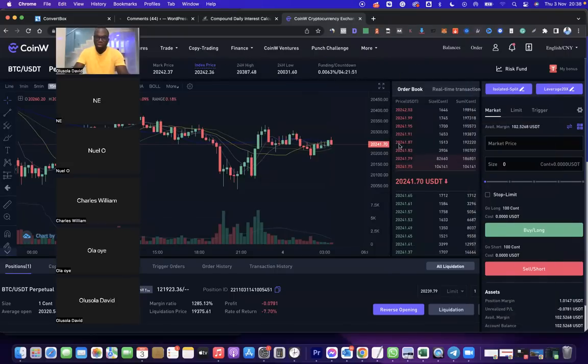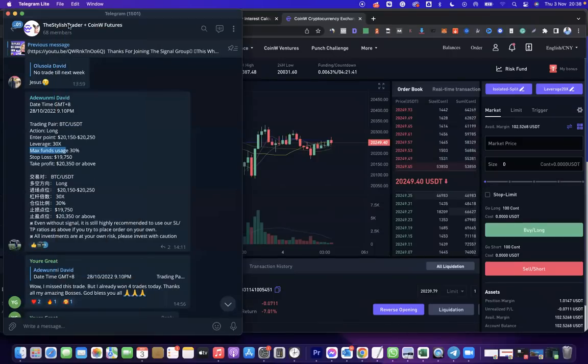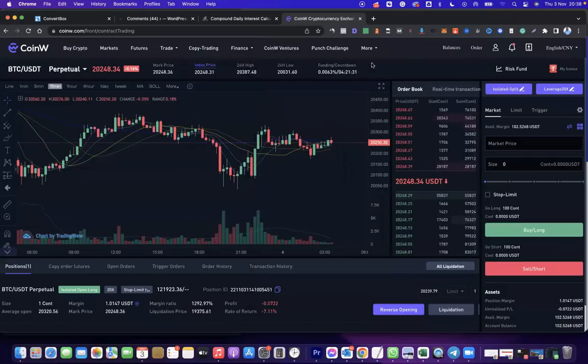Now this is the futures interface. Let's assume we want to trade this signal, so let me go back to Telegram. Let's assume we want to trade this particular signal here. What we are going to do is come here and choose market price.